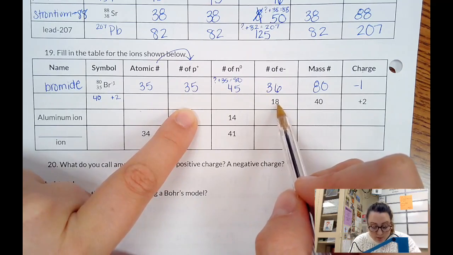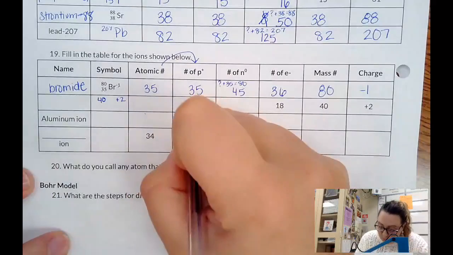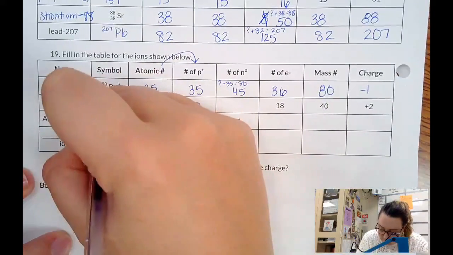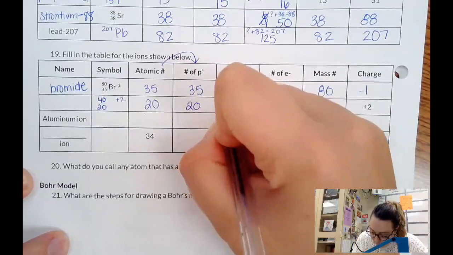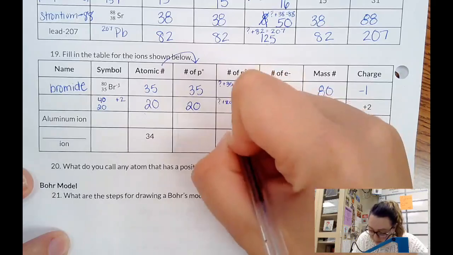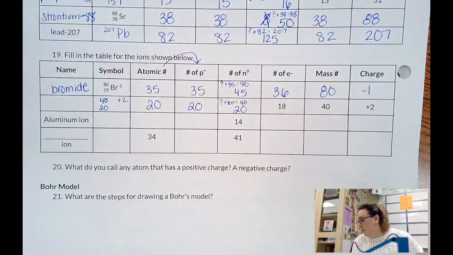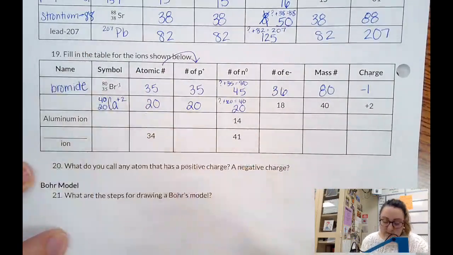I need 2 more positives. So it's 20. If protons are 20, atomic number is 20. And the number of neutrons, I think what plus 20 equals 40? That's easy. That's 20. I look up element 20 on my periodic table. It says Ca, and I know that is calcium.